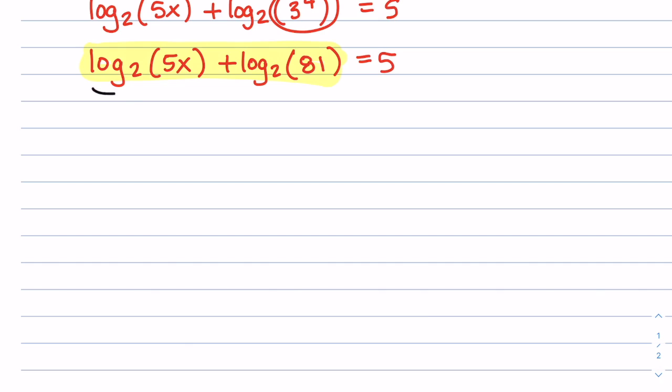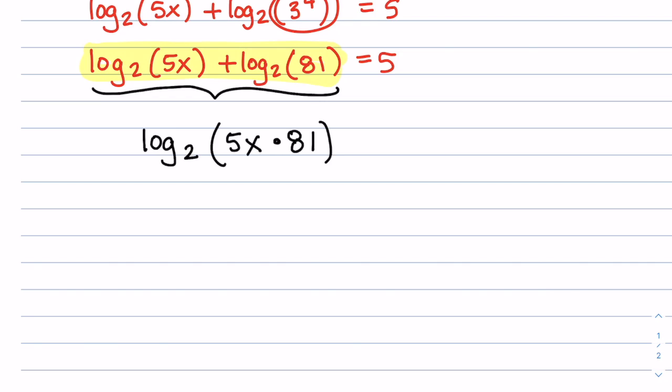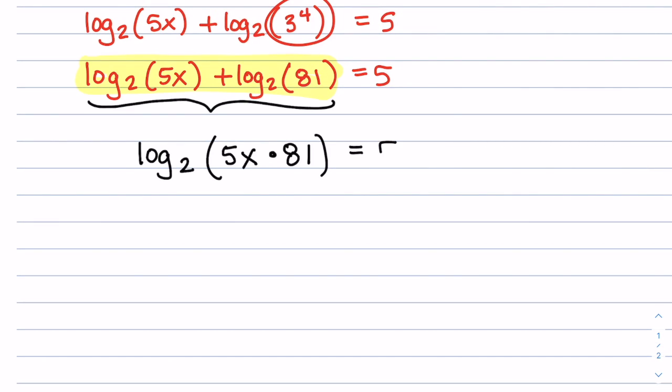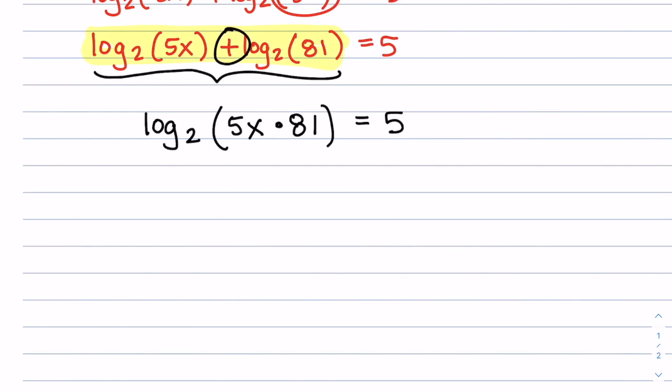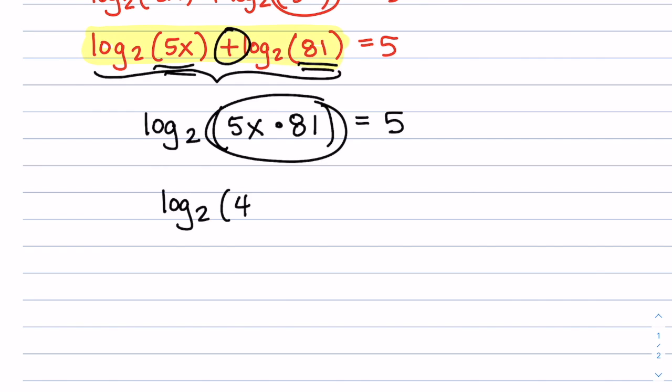And so this is the same as log base 2 of 5x times 81, which admittedly is probably going to be a pretty large value, but that's fine. Notice that we took the addition of both of these and turned it into multiplication. So now this is log base 2 of 405x.